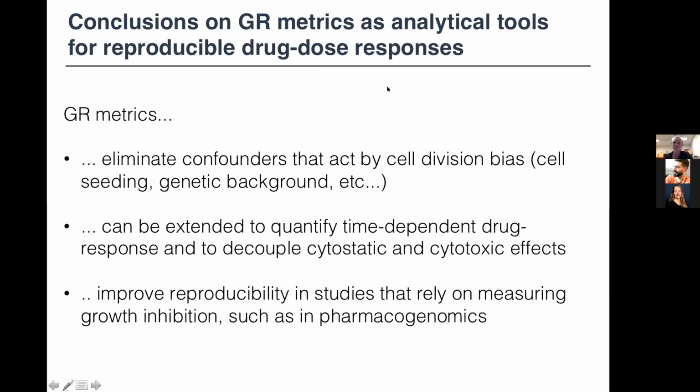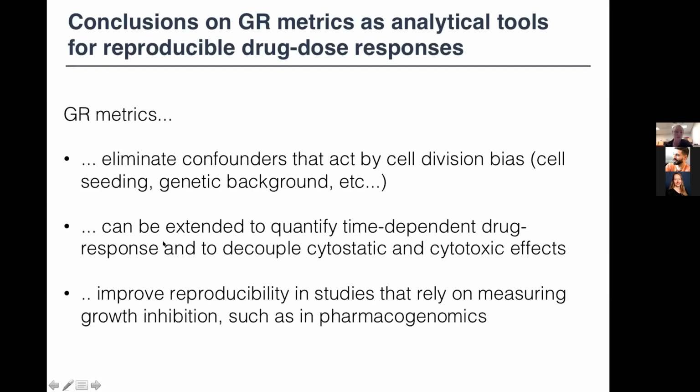Okay, so to conclude the first section, I think the most important takeaways are really that GR metrics eliminate might be a strong word, but they certainly ameliorate confounders that act by cell division time, and so they can help remove bias that's introduced by working with cell lines that grow at vastly different rates. GR metrics can be extended to quantify time-dependent drug responses.